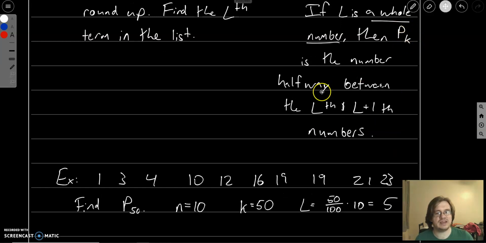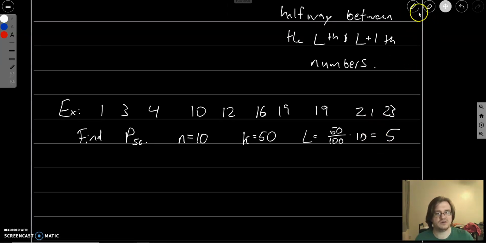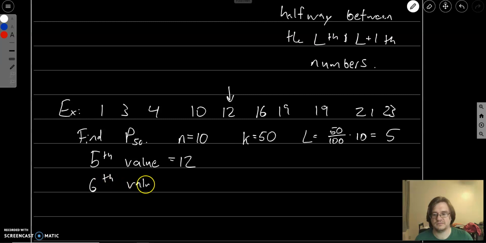So P_k is going to be the number halfway between the Lth number, which in this case is 5, and the (L plus 1)th number. So the fifth data value is 1, 2, 3, 4, 5. It's 12. The sixth value is going to be 16.